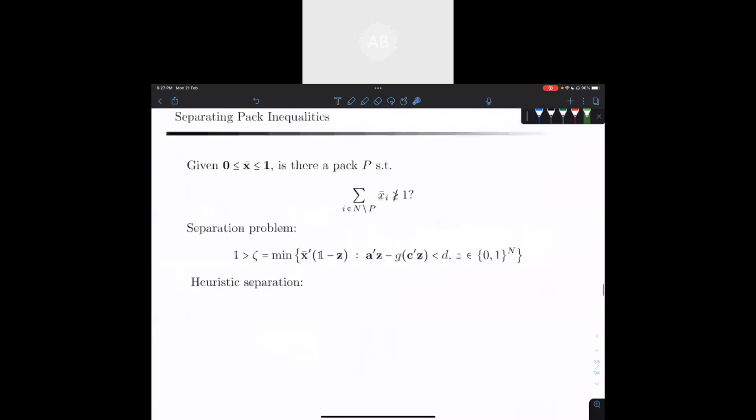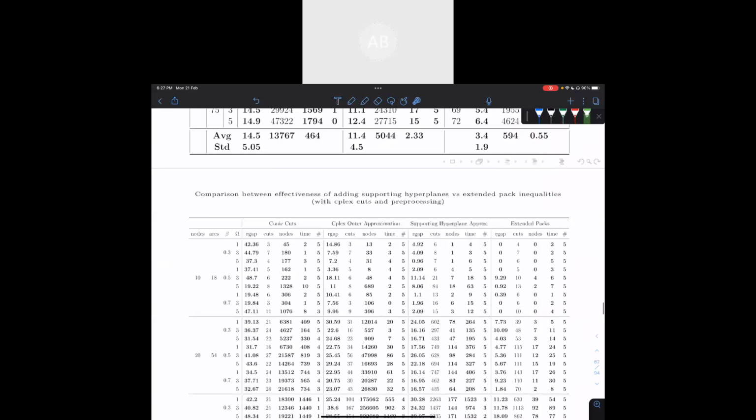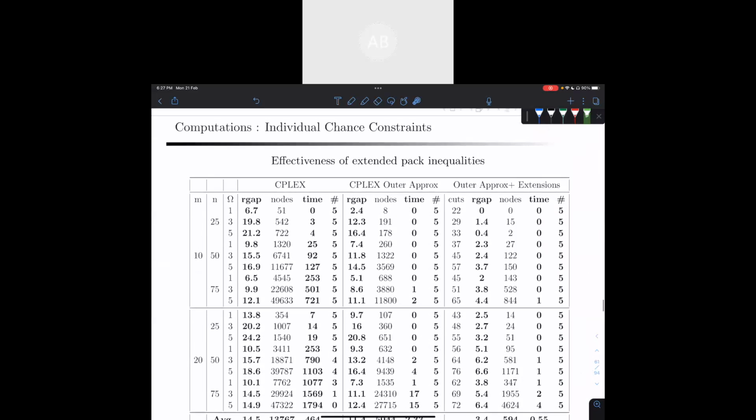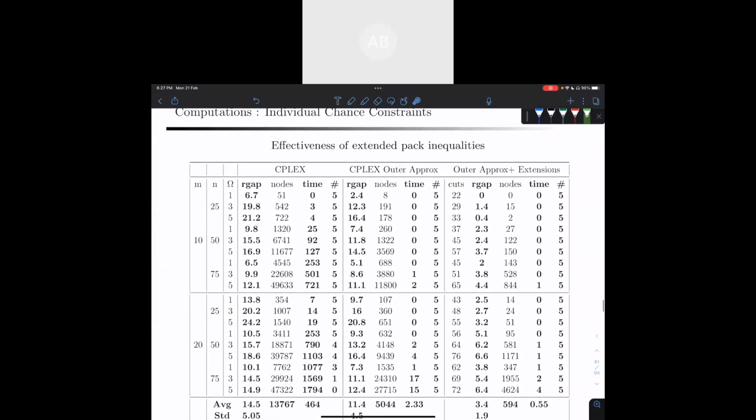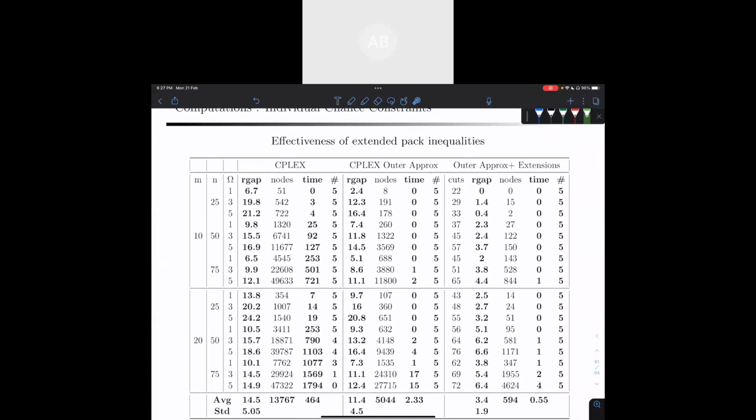But I'll just show you some of the computations, just to give you some idea of the effectiveness of adding these inequalities and using these combinatorial structures. Cplex, if you don't know, is one of the state-of-the-art solvers that solves these problems.